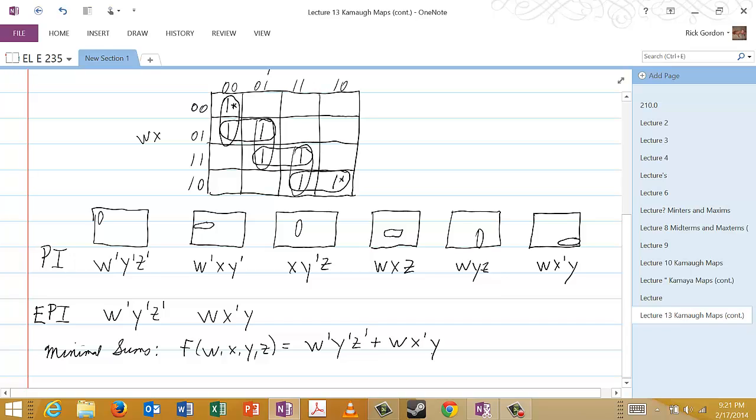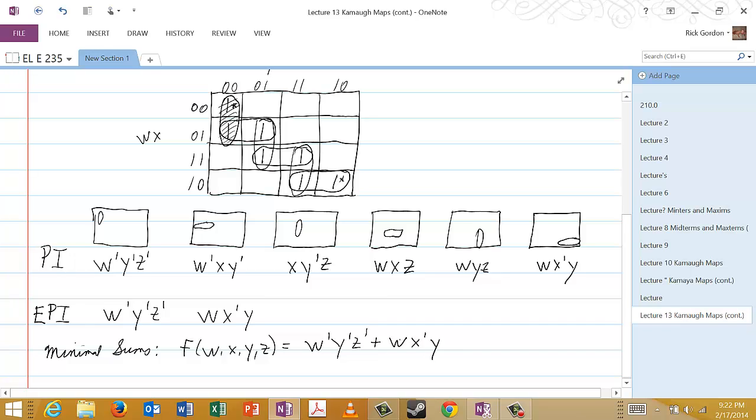Now, if we have included those two terms in our expression for f, is that enough to account for everything in f? Well, to answer that question, this is where we return to the shading. So if we have this first term, W prime, Y prime, Z prime, as we can tell from this sketch, that will take care of these two ones in the upper left-hand corner.